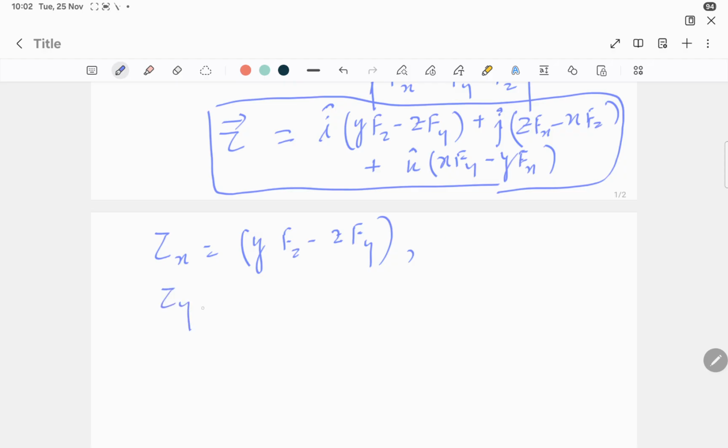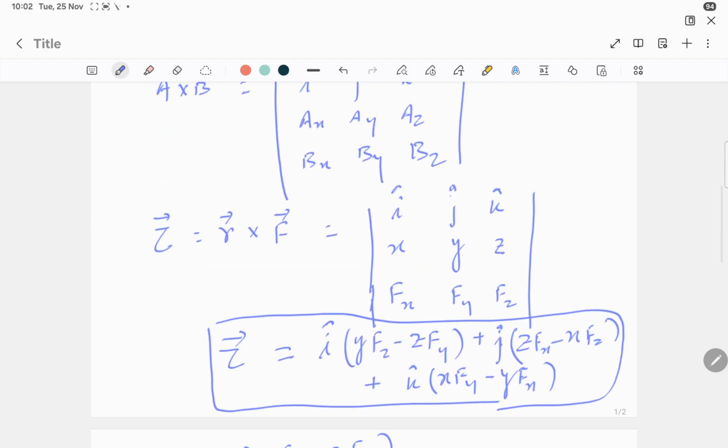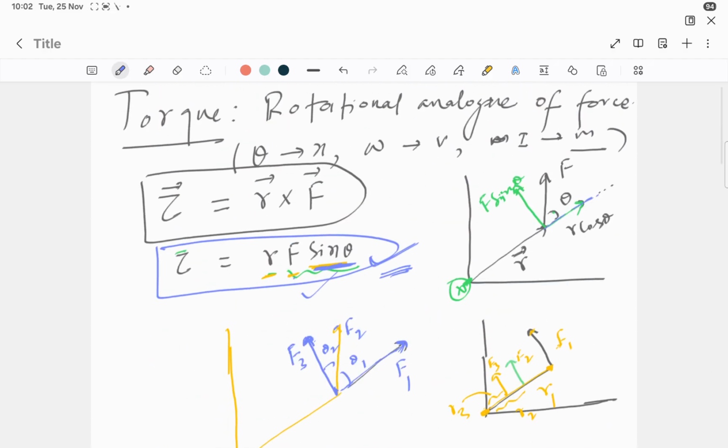Tau y is z Fx minus x Fz, and tau z is x Fy minus y Fx. So these are the three components of torque. Obviously torque is a vector quantity because it is defined as a cross product of two vectors.